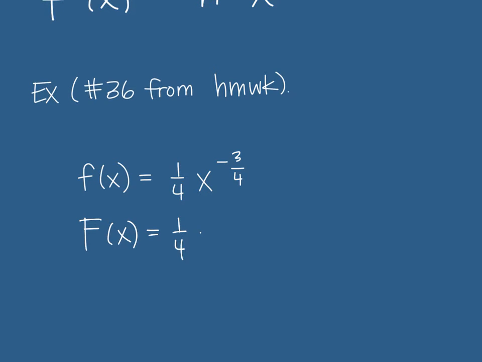It is a constant sitting out front. So the rule now says if I'm going to find the antiderivative, we're going to add 1 to this power. So add 1 to that, and that will give me x to the 1/4. And then I want to divide by the value of what that new power is, which is also dividing by 1/4. So it's x to the 1/4 divided by 1/4.